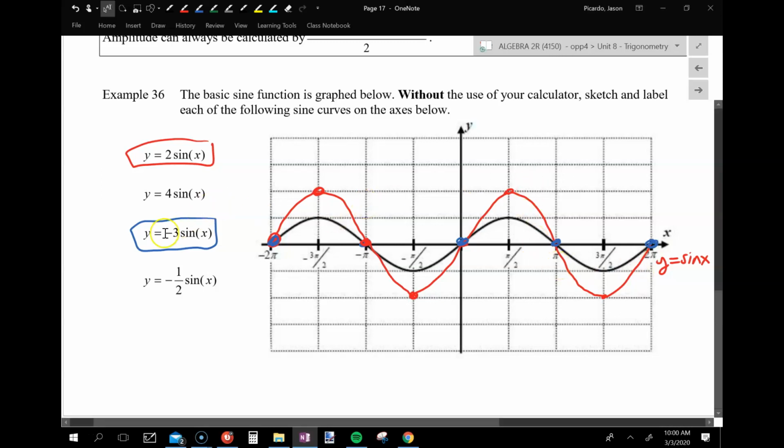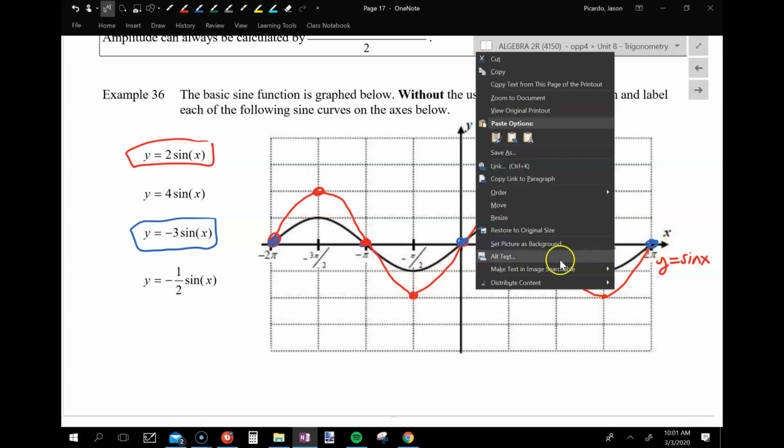Now, what do I notice about this curve? What am I going to do? I'm going to change the amplitude to be 3, and I'm going to reflect it. Which means, check it out. This is the way I think about it. If I wanted to trace my black curve, I would start here. I would go up, down, up, down, up. So now I'm going to do the opposite.